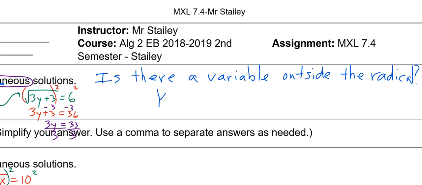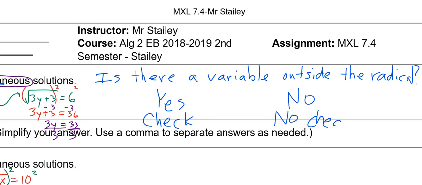Okay, so if I say yes, then I have to check. If I say no, no check. Okay? Might be credit card or cash, but there will be no check.